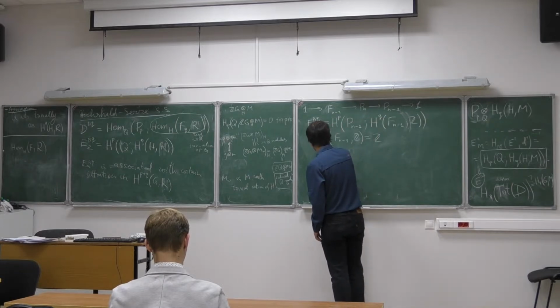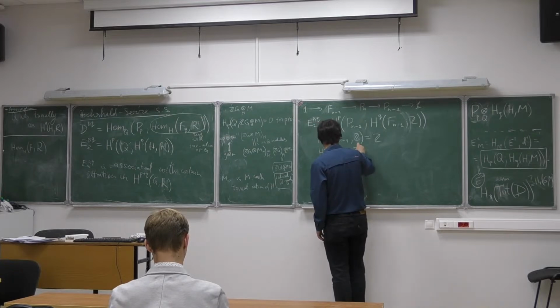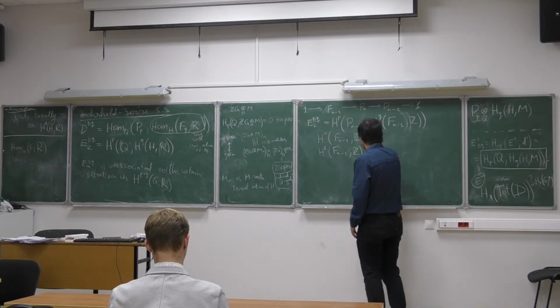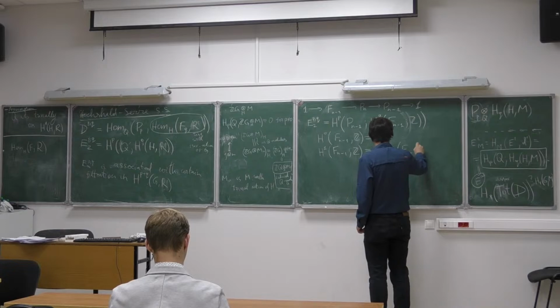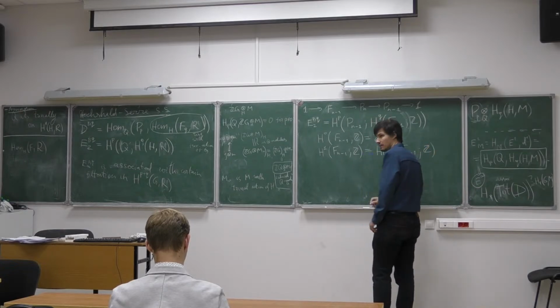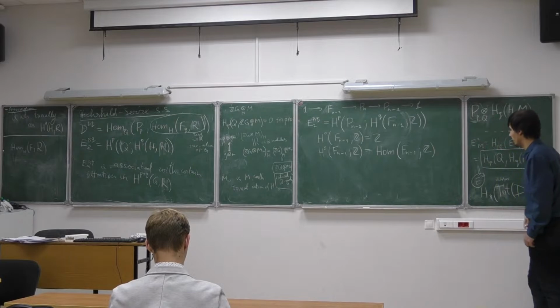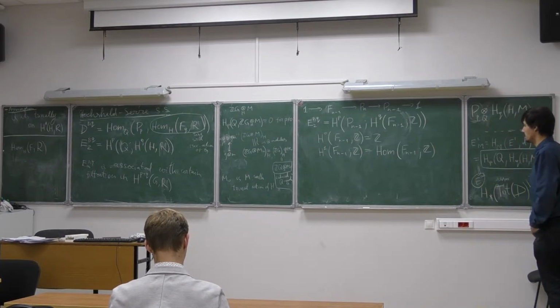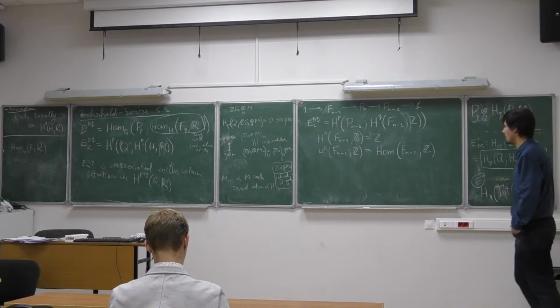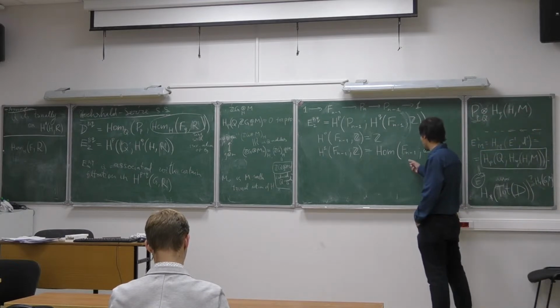Well, what about first cohomology? First cohomology of this group with coefficients in Z is, again, by definition, just homomorphisms from this group to Z. Well, and I recall that we have constructed such homomorphisms. This is isomorphic to Z to the power n minus 1.